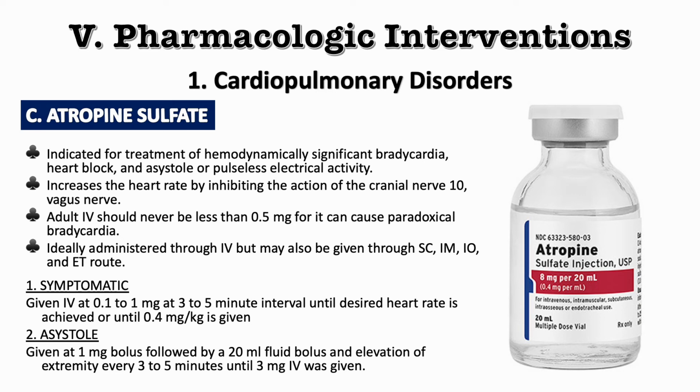Asystole, meaning no heart rate at all, given 1 mg bolus followed by a 20 ml fluid bolus and elevation of extremity every 3 to 5 minutes until 3 mg IV was given.